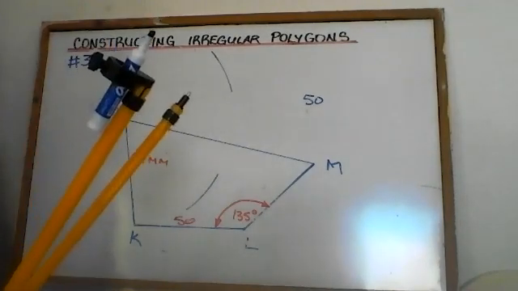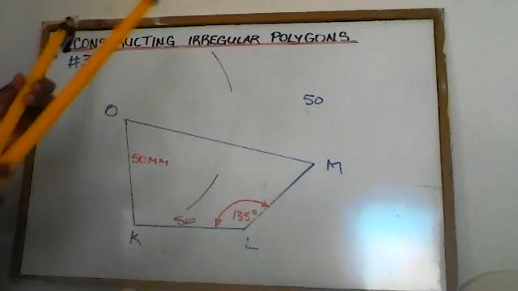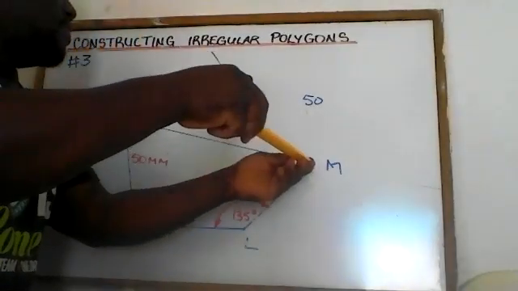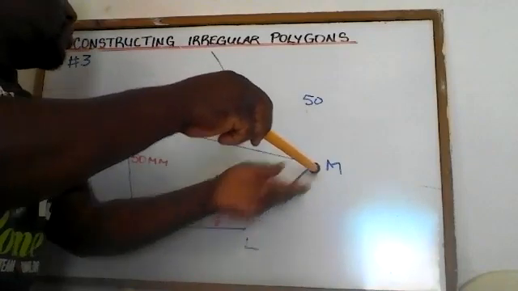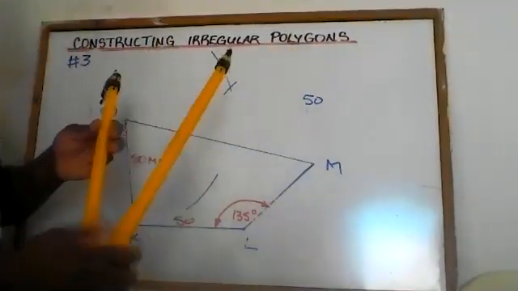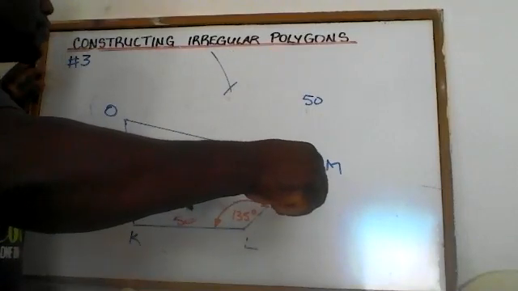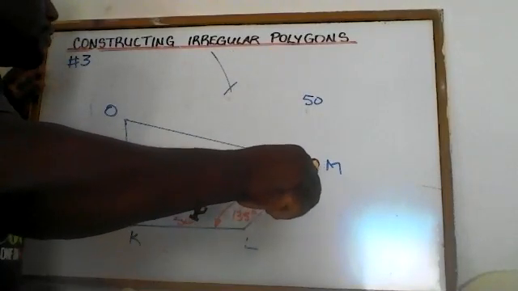Do not change this radius. Go over to the other side of the line, and then we are going to cut the previous arcs drawn. Cut it right there, and also to the bottom right there, like that.